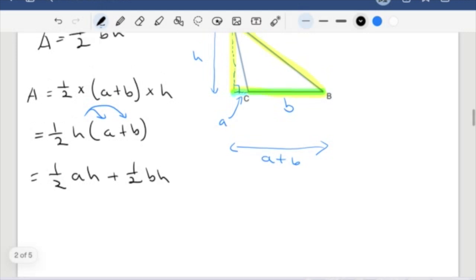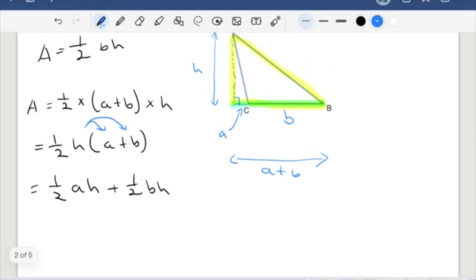Now, remember, what we found here is the area of my large right-angle triangle that I've made, okay? Now, in order to get to this smaller one that I need, we've talked about areas before. I want to subtract this area in here.